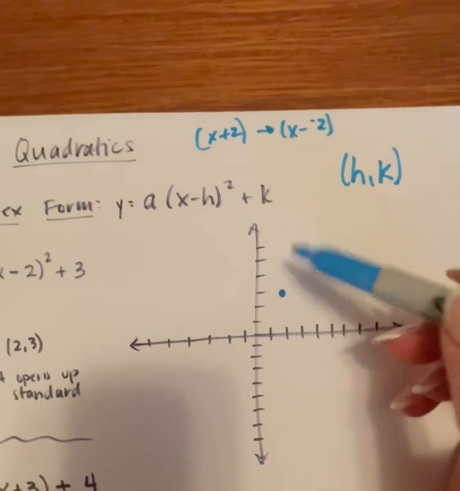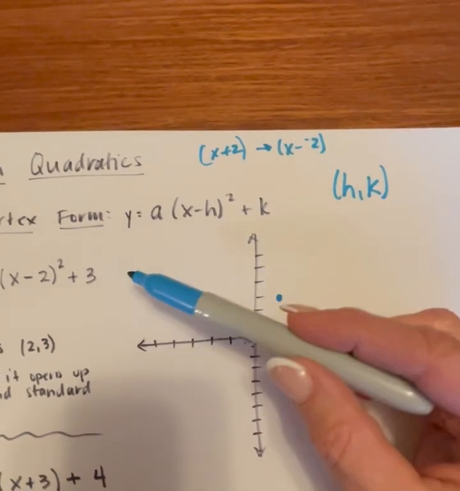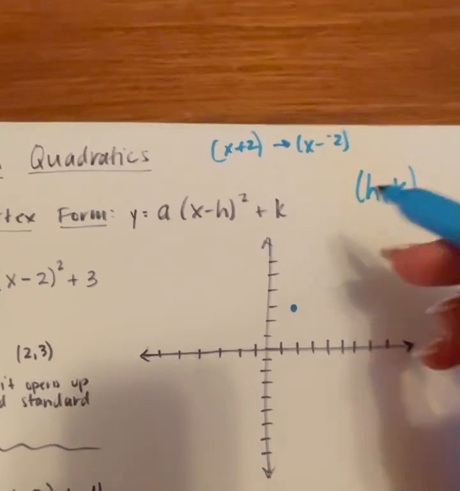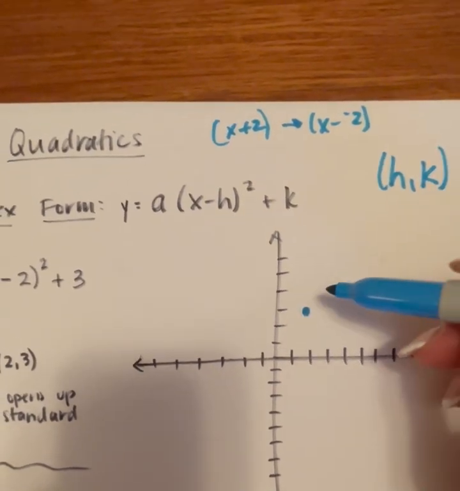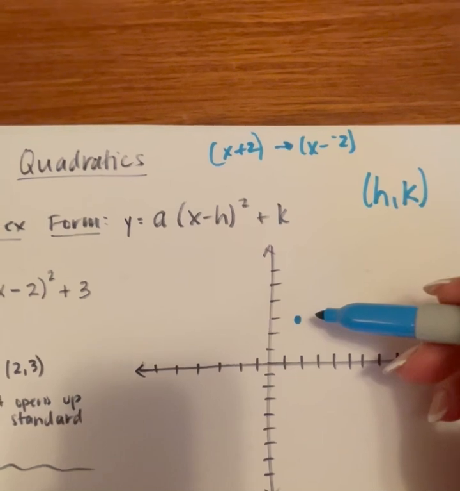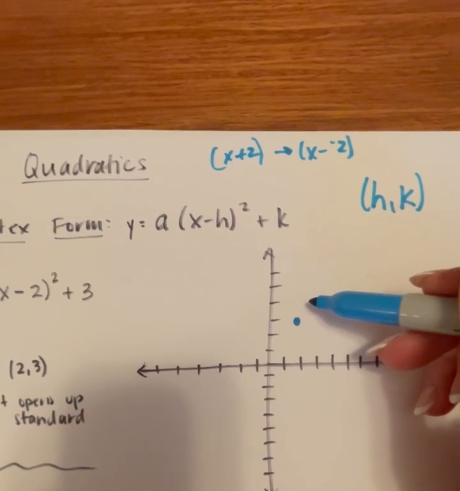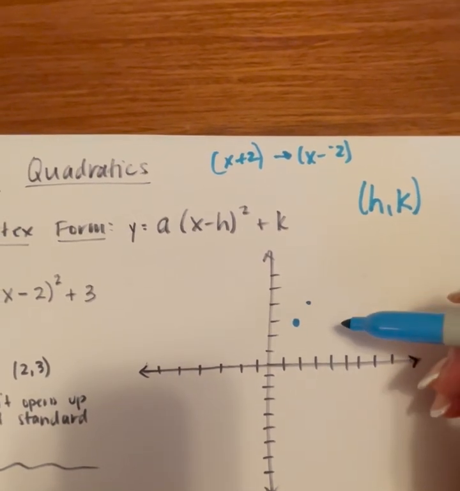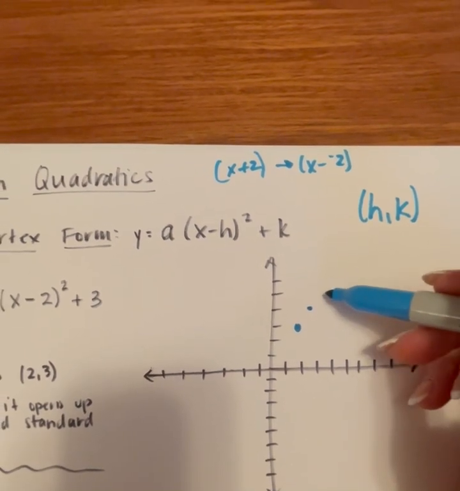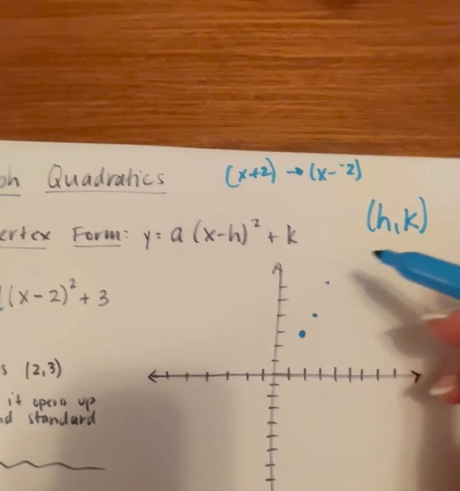All right, remember that this is not the y-intercept, so I can't just say it crosses through at 3. Of course, that's the vertex, right? So that would mean it went straight out, but that's obviously not true. Instead, from the vertex, I could go over 1 and up 1, because 1 squared is 1. And then 2 squared is 4, so if I went over 2 positions, then I could go up 1, 2, 3, 4.